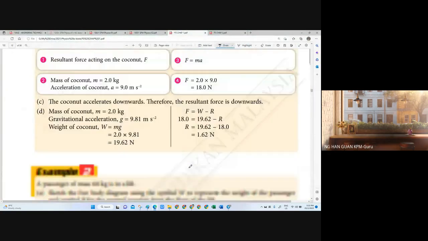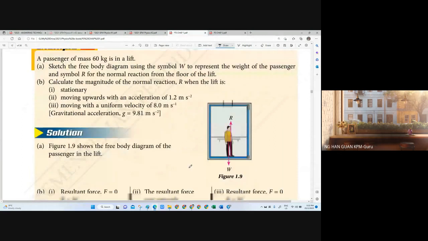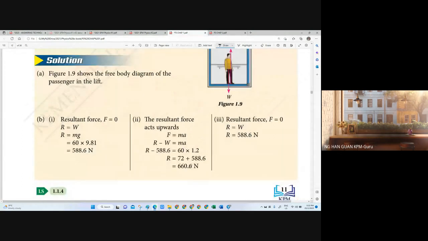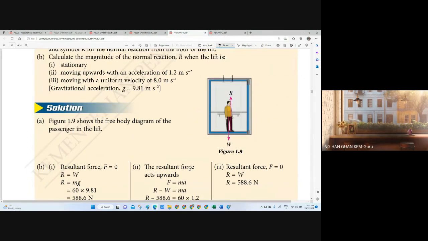Okay. And for the lift system, you will see sometimes we have R minus W, sometimes we have W minus R, right? All because of the lift situations.